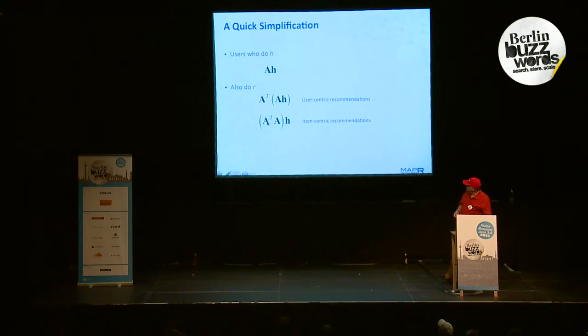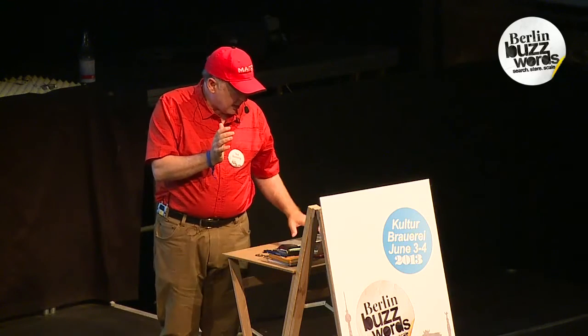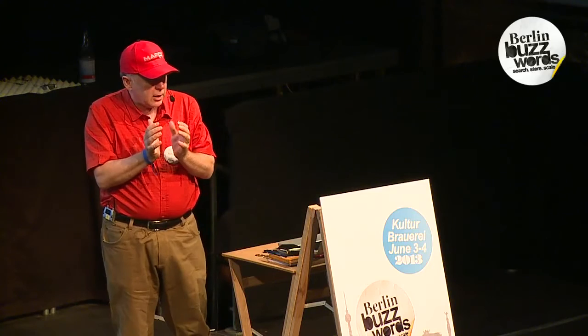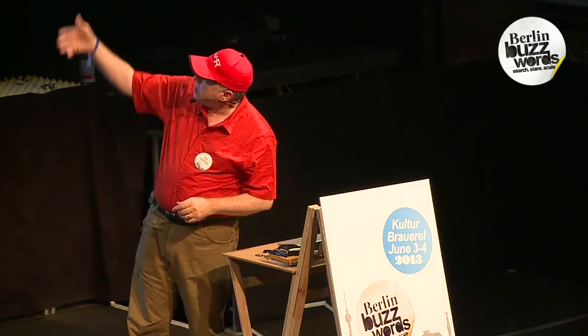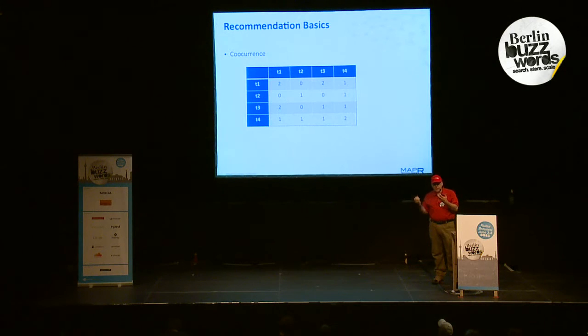And we can move the parentheses because it's simple mathematics. And so offline, we can compute this A transpose A. And in fact, A transpose A is the co-occurrence matrix itself. If we multiply that out, we get a thing by thing matrix. We've now averaged over all the users who exist, and this thing by thing matrix implicitly, without having to do it explicitly, goes from things to users and back to things. But it encapsulates it. It allows us to do most of the computation offline, so it directly converts from things to things.